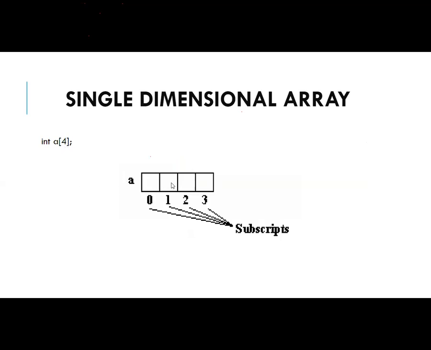These elements will be stored in different positions, and these positions are identified by the subscripts. The subscript will always start with 0, up to n minus 1. So for example, your n over here is 4. So your subscript will be from 0 to n minus 1, that is 3. Everyone has understood single dimensional array, how you are initializing.